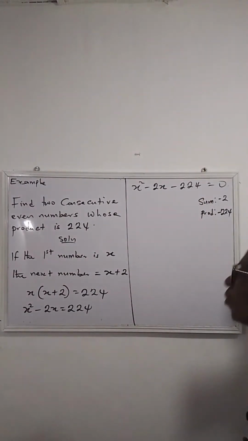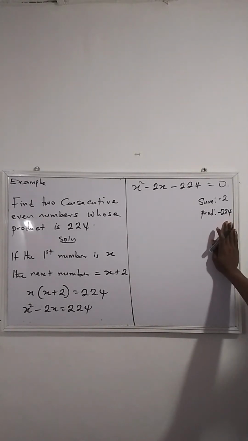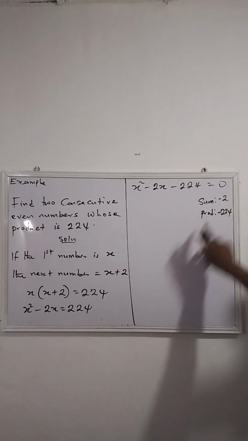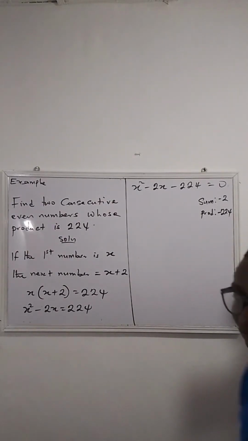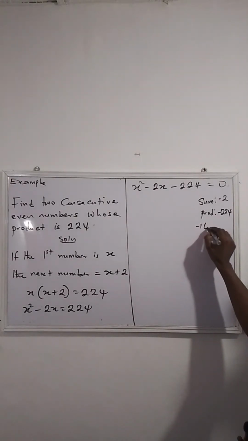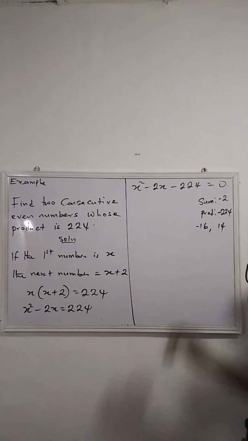Alright, so we need two numbers such that when you multiply together, you have minus 224, and when you add together, you have minus 2. So what are the two numbers? I can see some of us have already given the answer. Yes, I can see minus 16 and 14. I think a lot of people gave that as their answer.